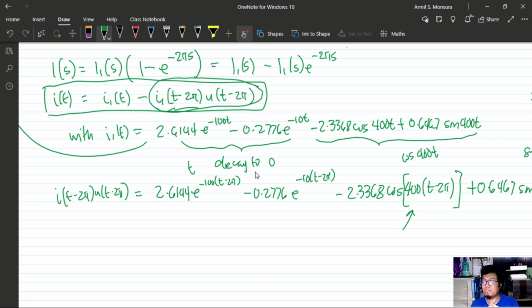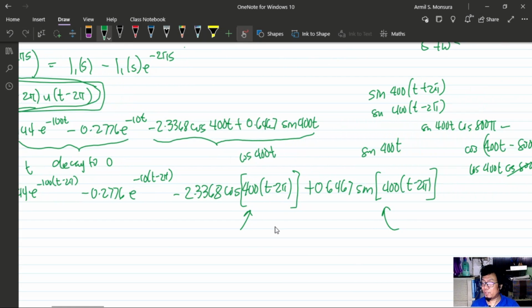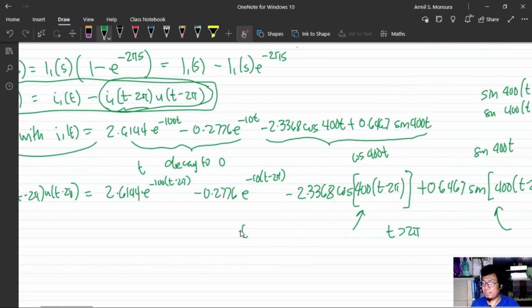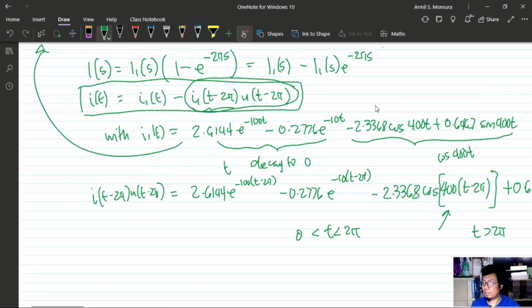And that difference, by the way, I'm talking about for t greater than 2 pi. For t between 0 and 2 pi, this will prevail. Okay? Ito yung nandun sa graph natin. Okay? Dun sa IT. Okay?